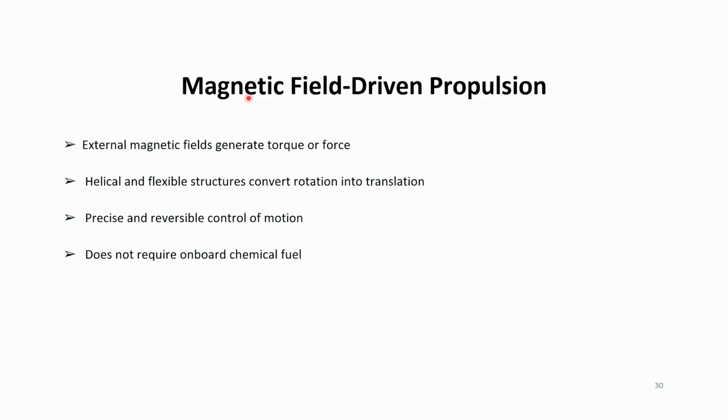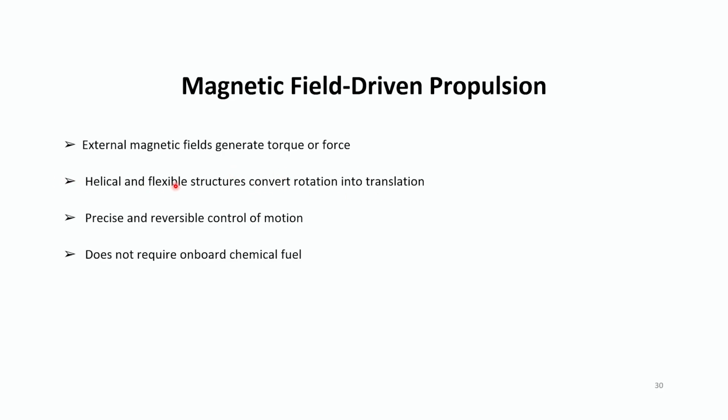Then let's come to magnetic field driven propulsion. External magnetic fields generate torque or force. So when we move something in an external magnetic field, it generates a torque or magnetic force. Then helical and flexible structures convert rotation into translation.